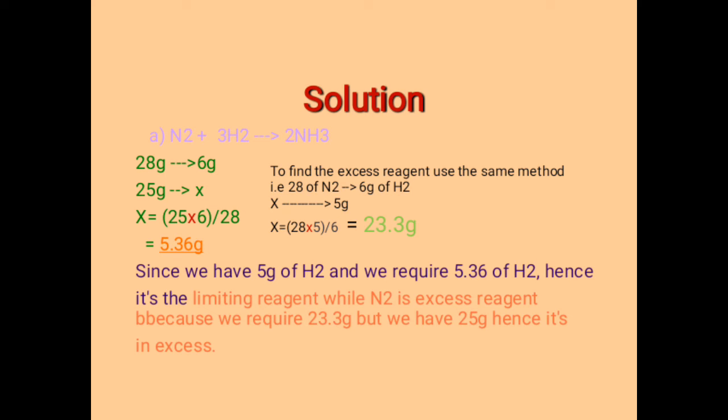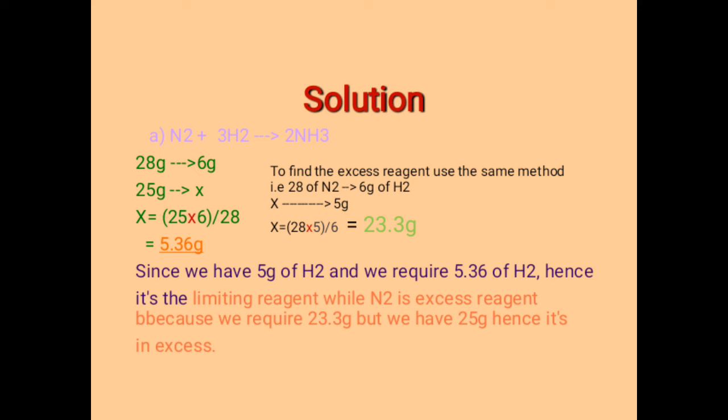28 grams of nitrogen react with 6 grams of hydrogen. Therefore 25 grams of nitrogen will give us X from the equation, whereby X will be 25 times 6 divided by 28, which is 5.36 grams.